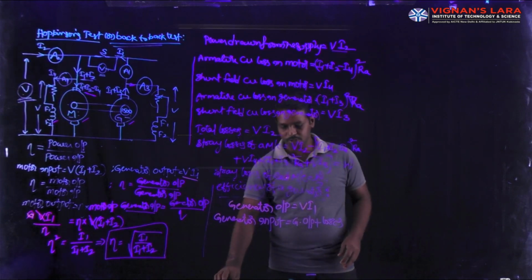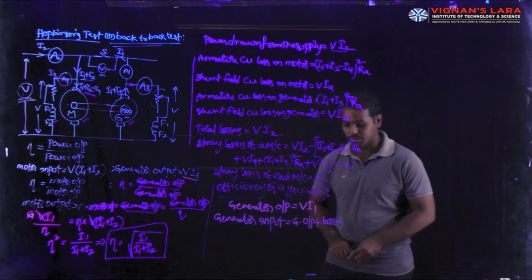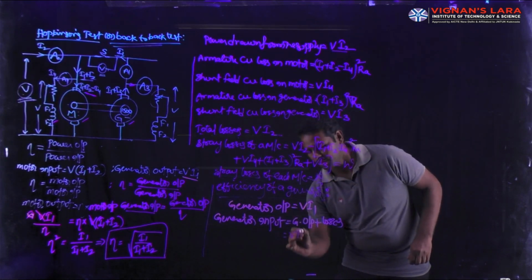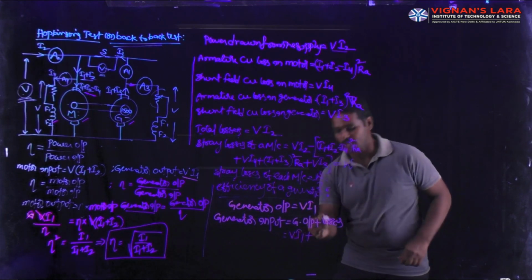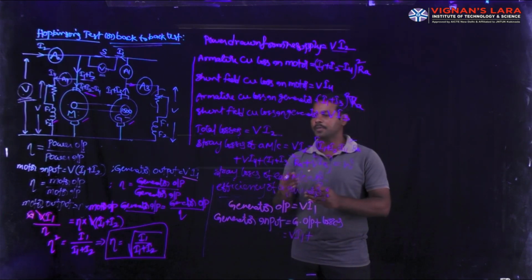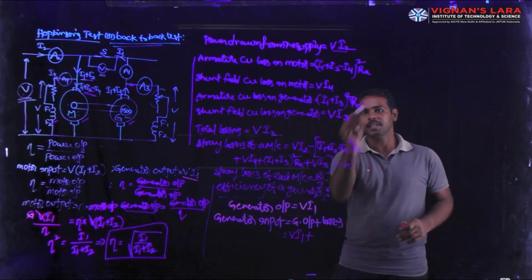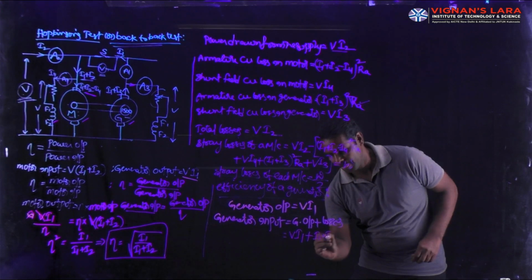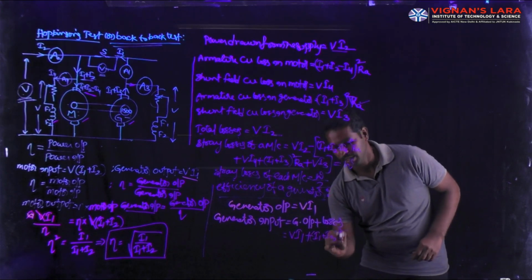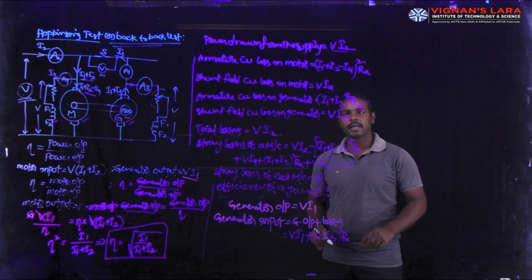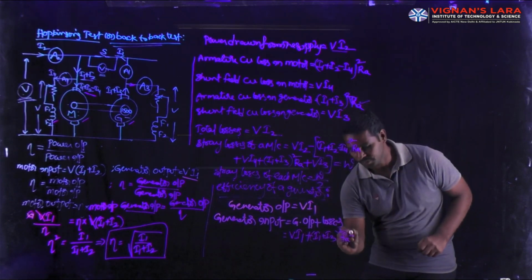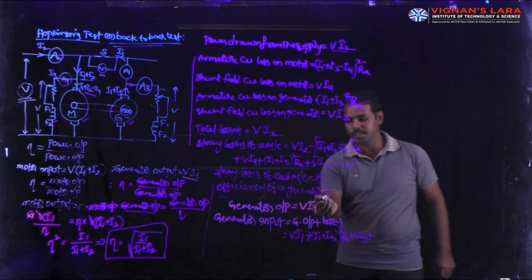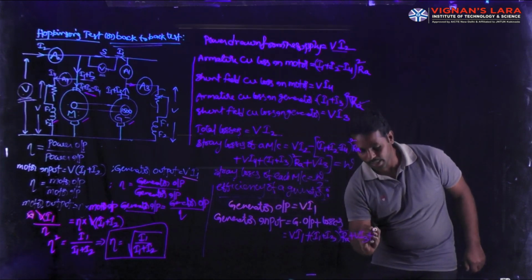So the generator input is equal to V into I1 plus losses. The losses are of three types. One is the armature loss, which is equal to (I1 plus I3) whole square into RA, plus V into I3, plus the stray losses of each machine, which is W by 2.